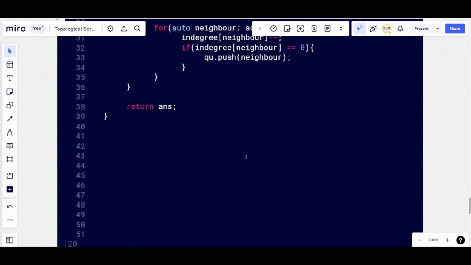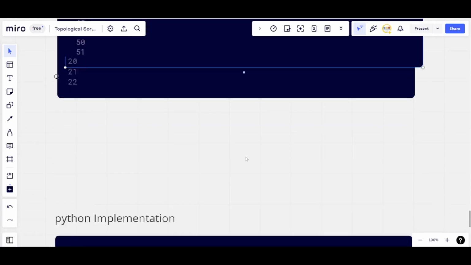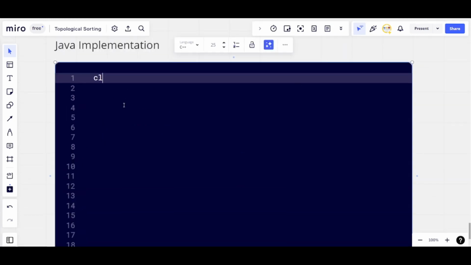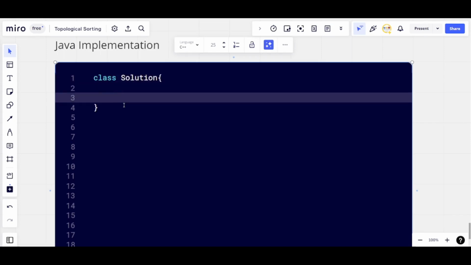Now let's implement the same solution in Java language. Let's create a class, let's call it Solution class. Let's create a static function. It returns an integer array. Let's call it the toposort function. It takes in an integer n, and an array list of array lists representing the graph itself.